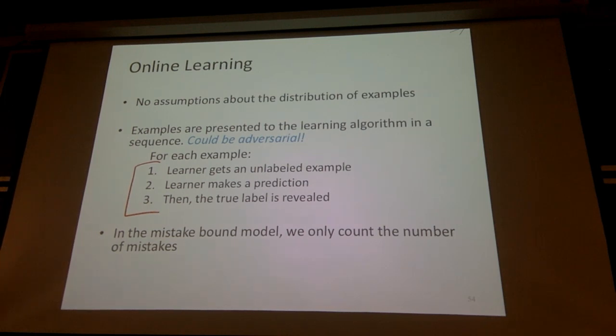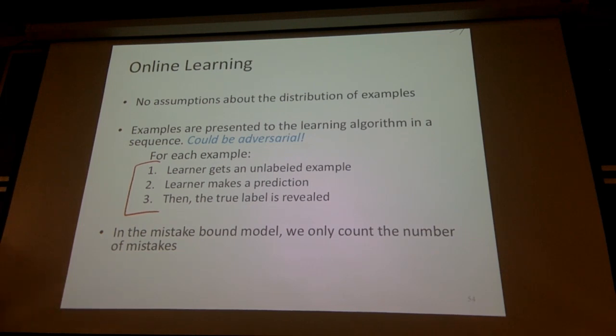It has to make a prediction on that example using whatever hypothesis or hypotheses it has. Once it commits to a prediction, the true label is revealed. At that point, the learner gets a reward or gets punished and can choose to update its internal state based on whether it makes a mistake or not. At that point it throws away the example and it's ready for the next example.